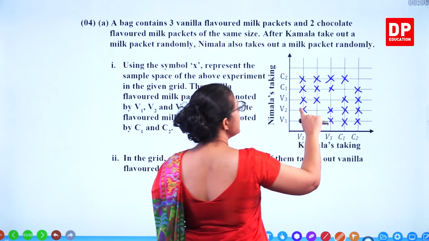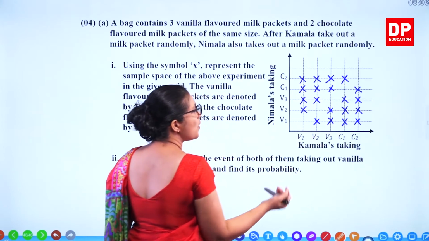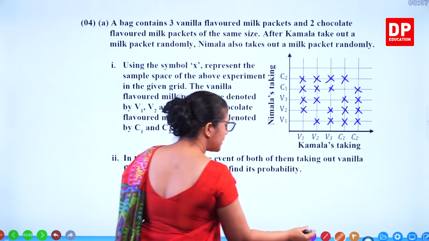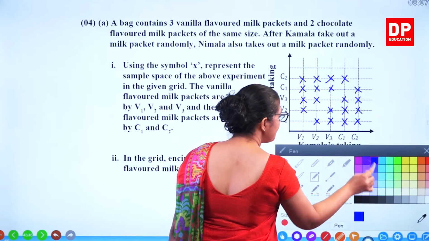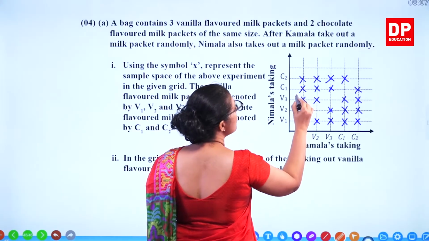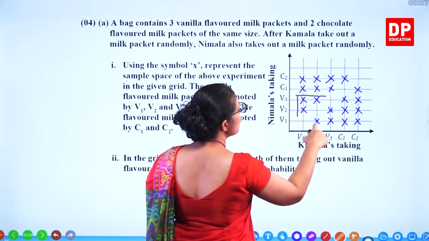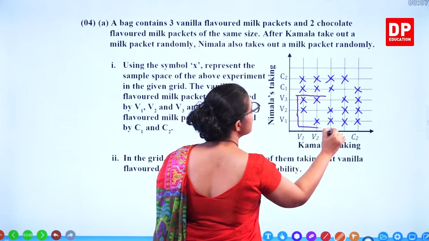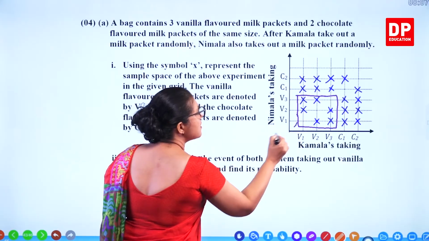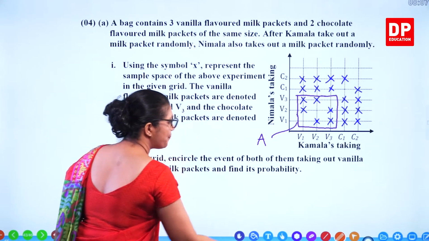How many possibilities? 1, 2, 3, 4, 5, 6, 7, 8, 9, 10, 20 outcomes are there. Then both are taking vanilla. What are the possibilities? Vanilla, vanilla. So here these 3 are okay. Here also vanilla, vanilla. So that means this is the possibility of taking both vanilla.